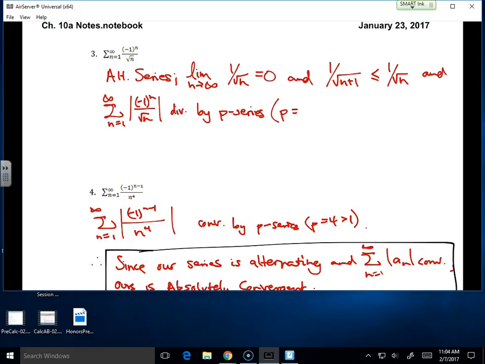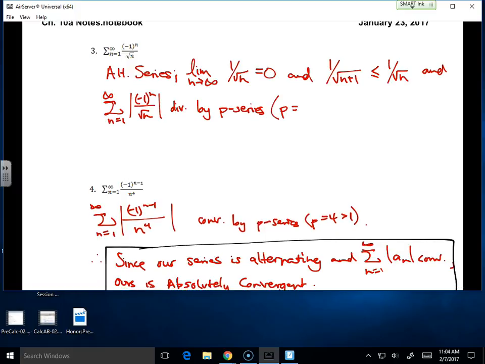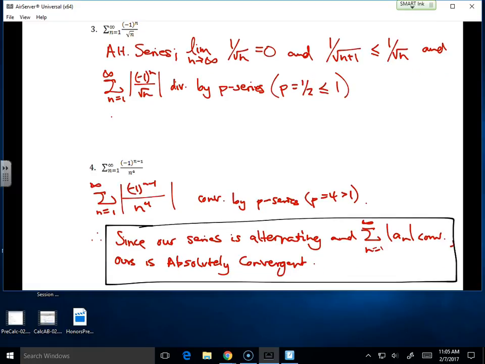Just to save time. Sure, just be careful. Sometimes those lower limits mean things, just in general. P equals 1/2, which is less than or equal to 1, right? Do we have enough information to say, therefore, the series is? Good.